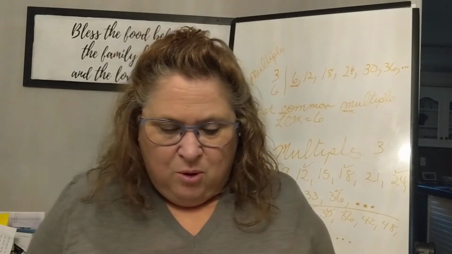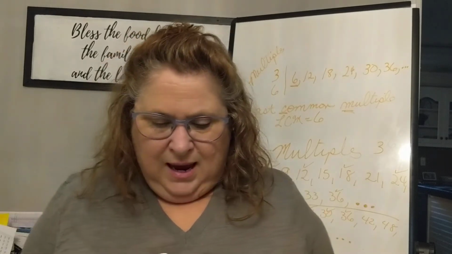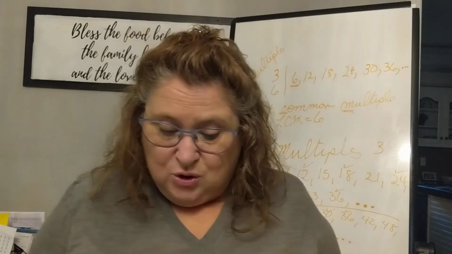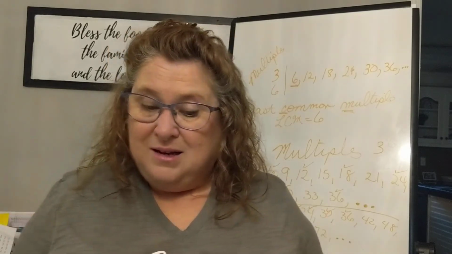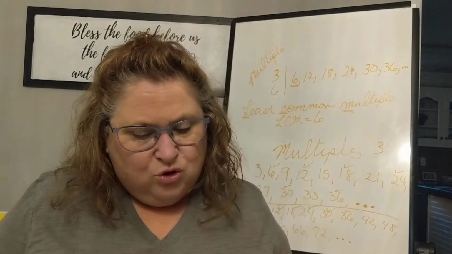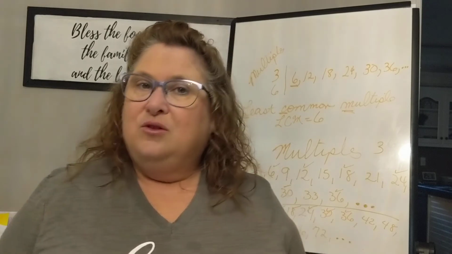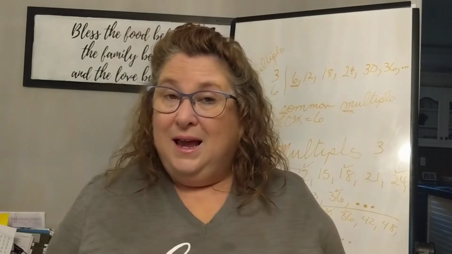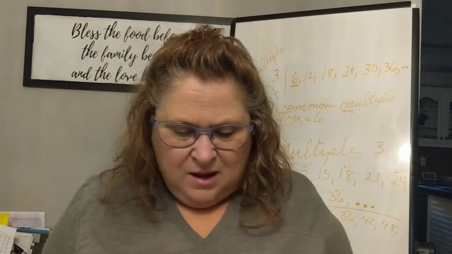Now we're going to write our multiples of 4, and they started at 4s. 4, 8, 12, 16, 20, 24, 28. Okay, and then they got the dots. Now we're going to list our common multiples. They've already found 12 for us, but there's another common multiple. What is it? 24. So our least common multiple, or our LCM, is 12. Very good, and they have that written for us.